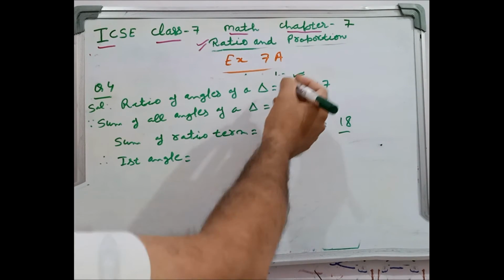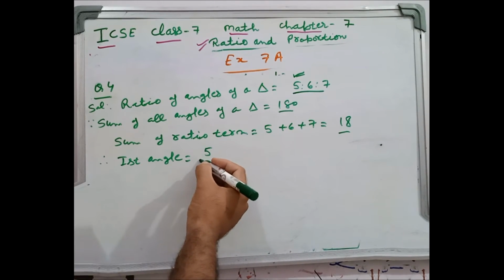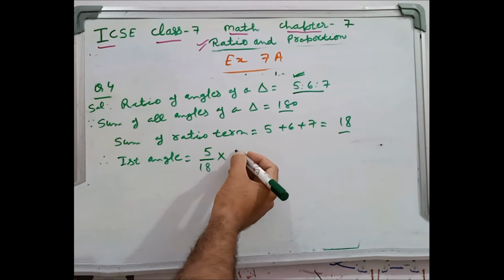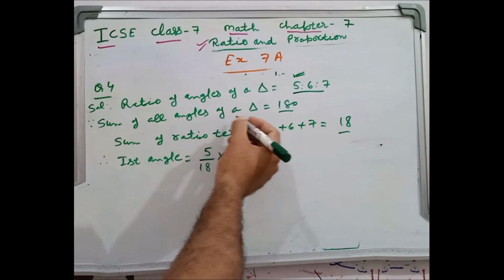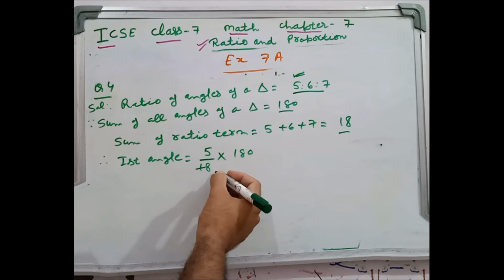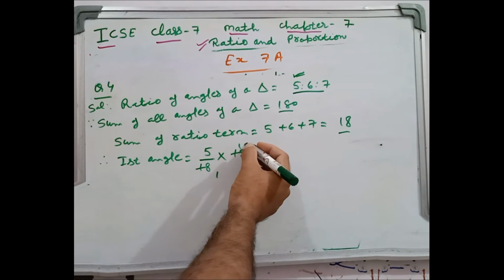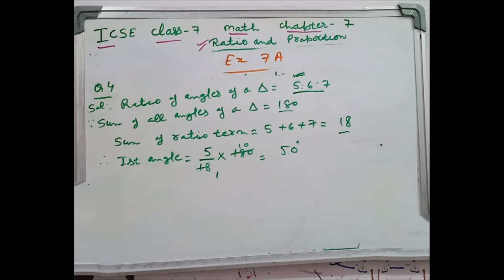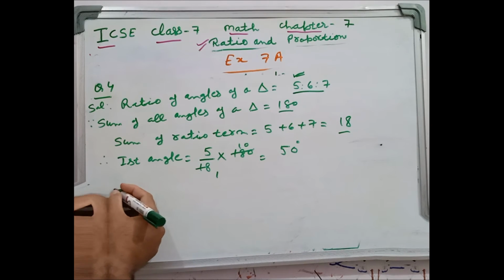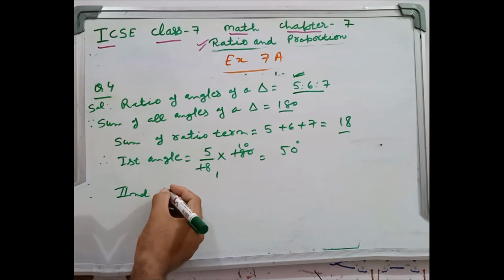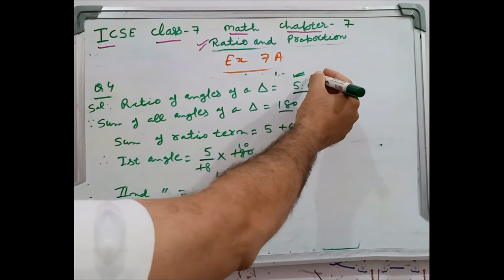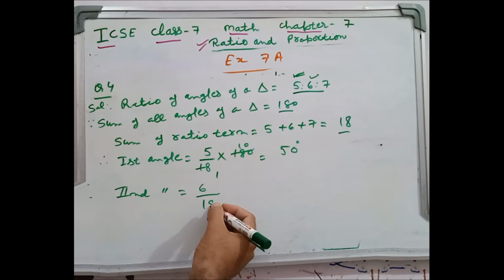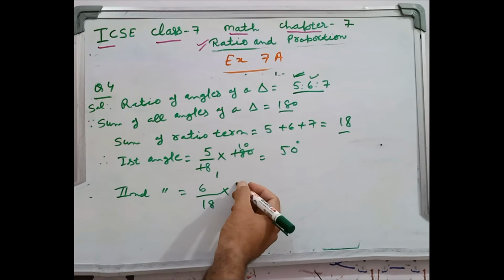So take the first angle: 5 upon the sum of ratio terms, multiplied by the sum of all angles. 18 into 1 is 18, 18 into 10 is 180. The first angle would be 50 degrees. Now the second angle: this is the ratio of the second angle, this is the sum of ratio terms, and this is the sum of all angles.